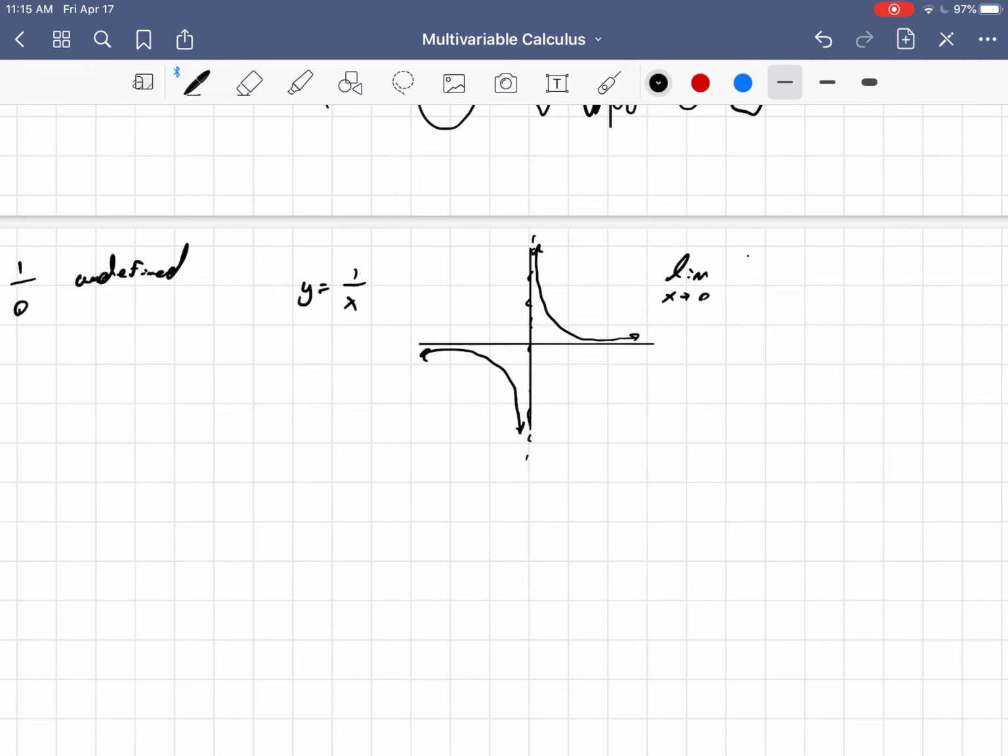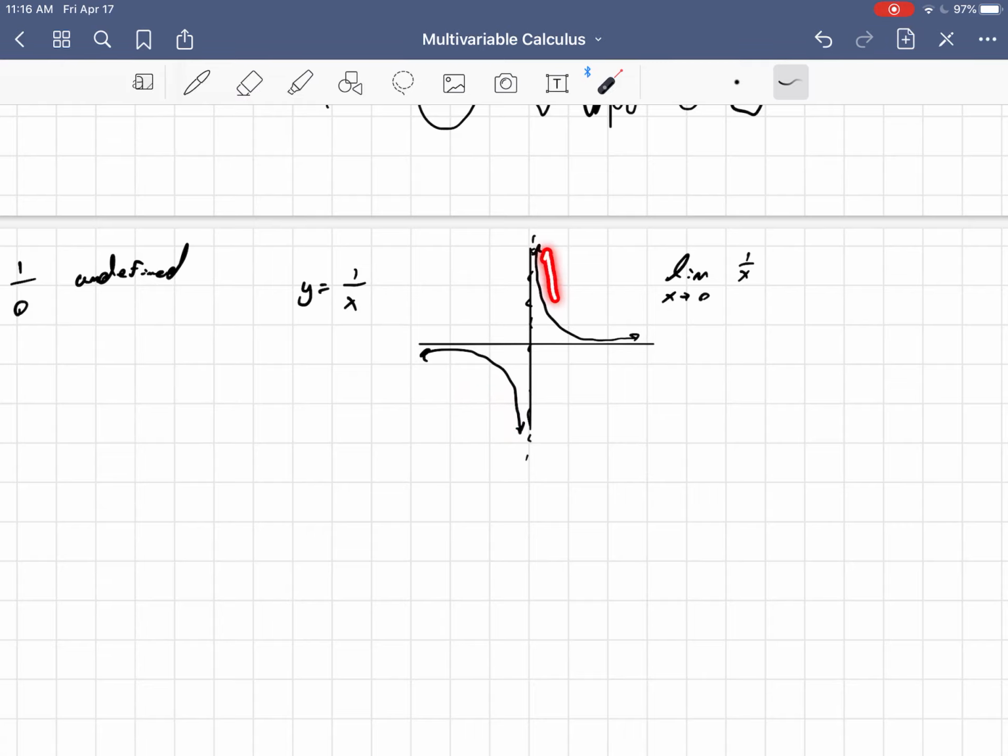And so if we look, this asymptote here is at 0, obviously. And so we want to see if there is a limit as x approaches 0 of 1 over x. Well, no, right?